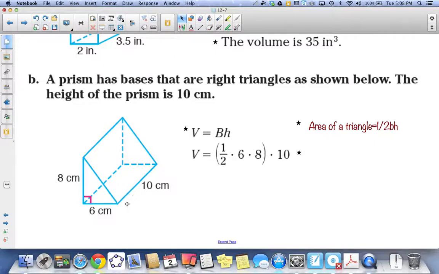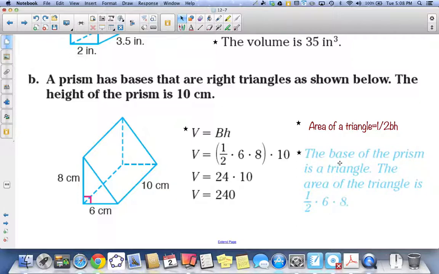Multiply it by 10, which represents the height of the triangular prism. From there, we can find the answer. So, 24 times 10, because 1/2 times 6 is 3, times 8 is 24. Multiply that by 10. The volume of this triangular prism is 240 cubic feet.